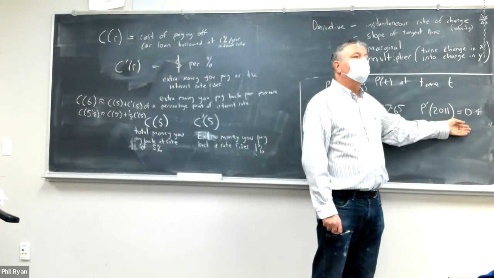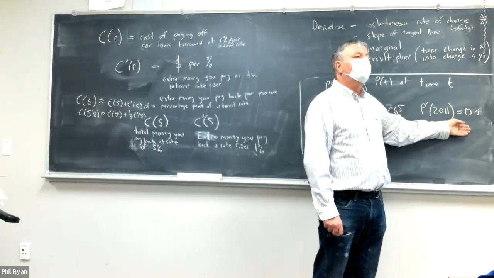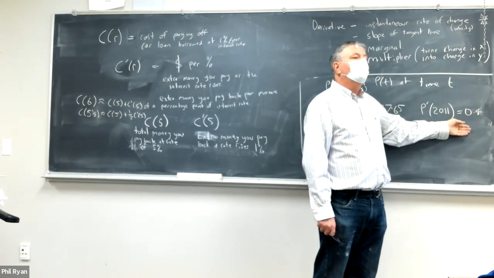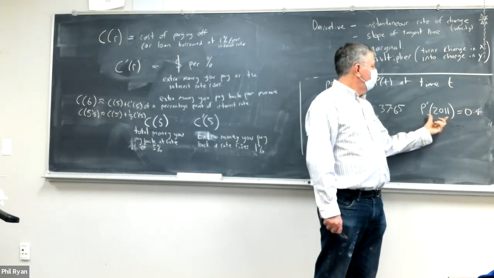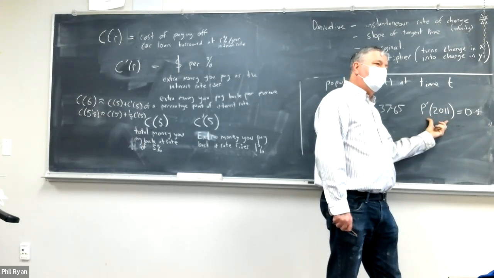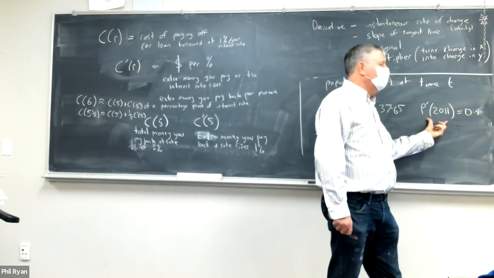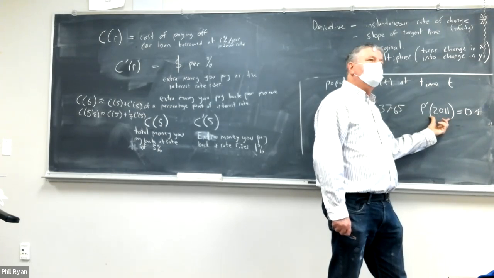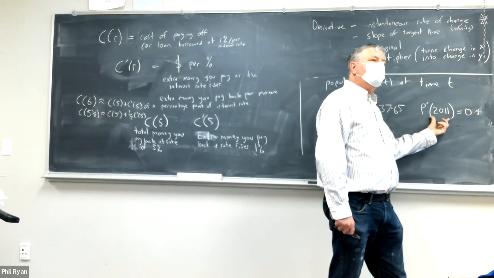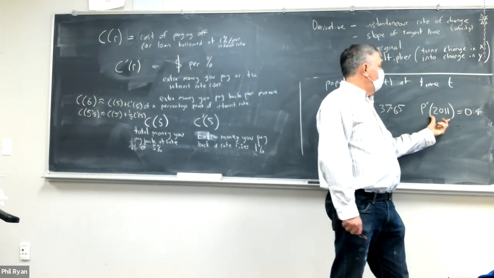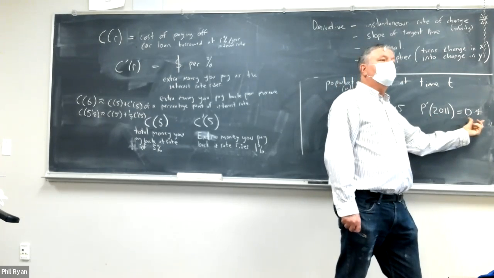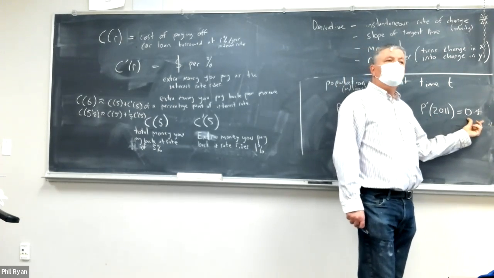What does the derivative tell us? Is the population growing? It's a derivative, so it's the rate of change, how the population is changing in 2011. In 2011, the population was growing by 0.4 million per year.